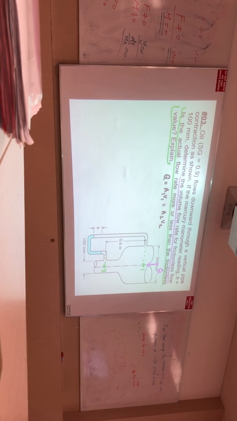A1 is pi by 4 times diameter 300 mm, A2 is pi by 4 times 100 squared. The unit is millimeter squared, not meter. If you use meter, it should be 0.3 and 0.1.